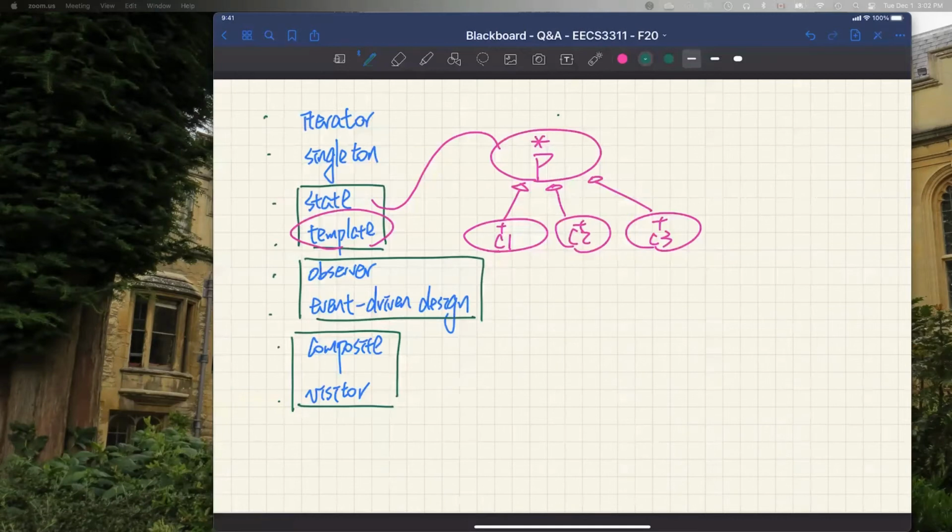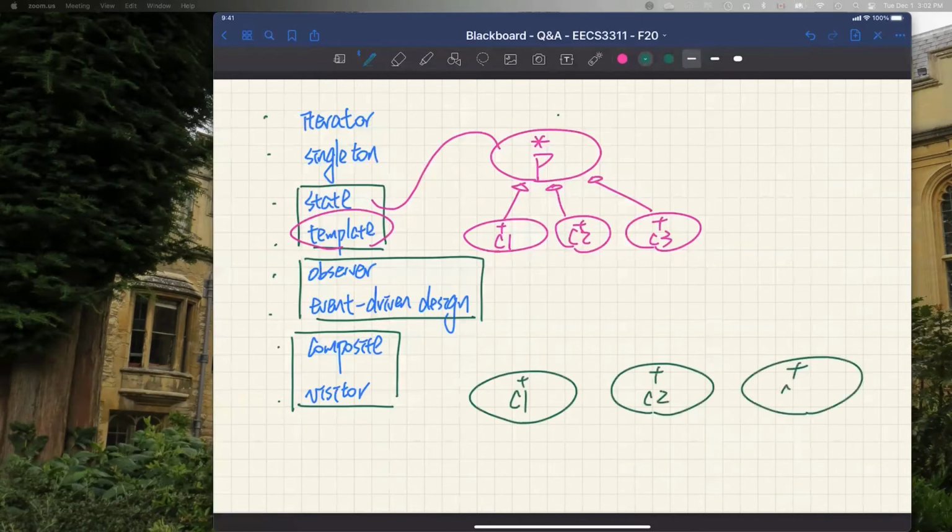For example, somehow you find that you got one class called C1, and then another class called C2, and then another class called C3. Let's say we got 3 classes over here, and let's say I would just say R for some routine. You found R1 over here, R2 over here, and also R3 over here.